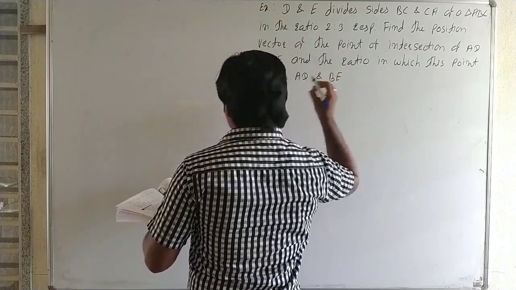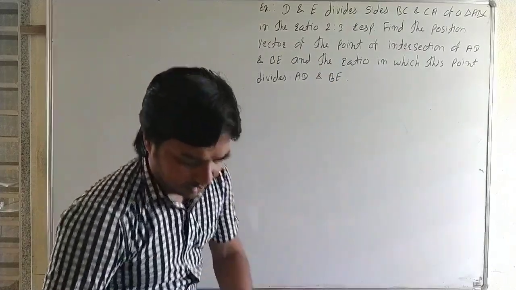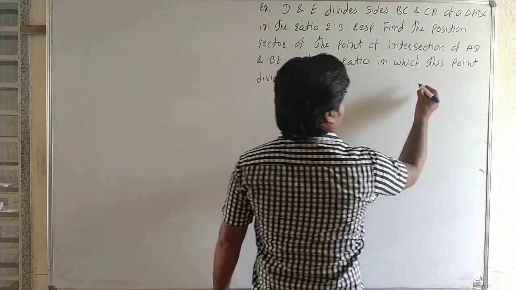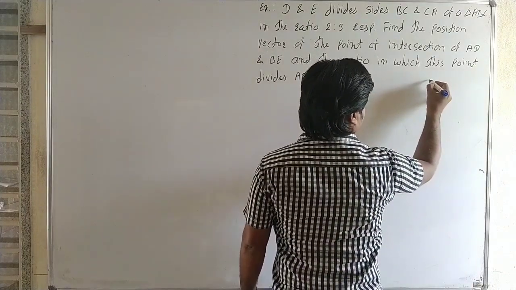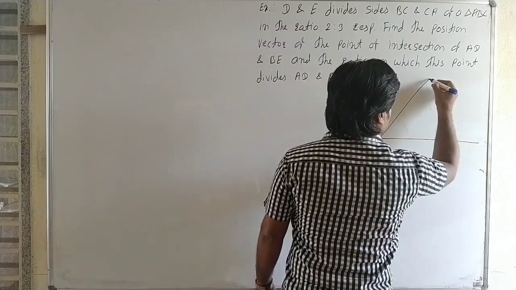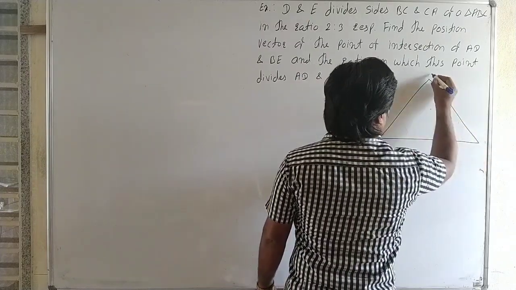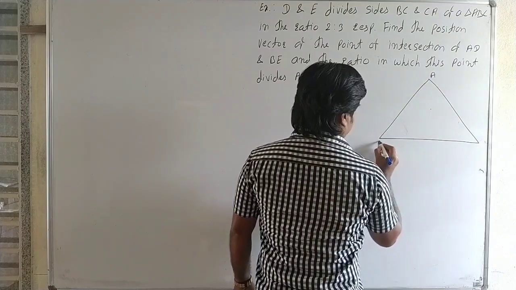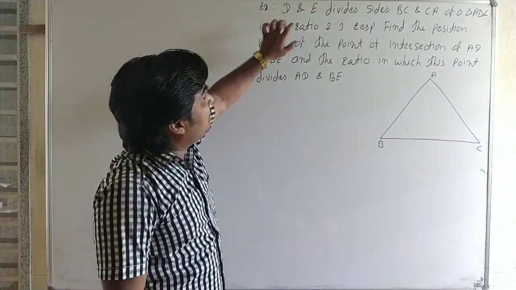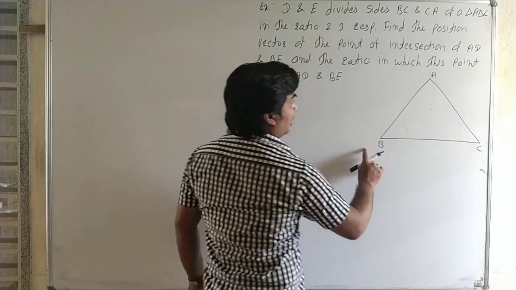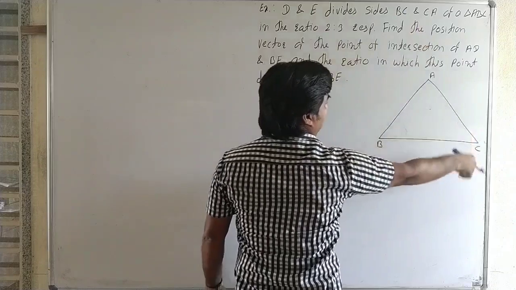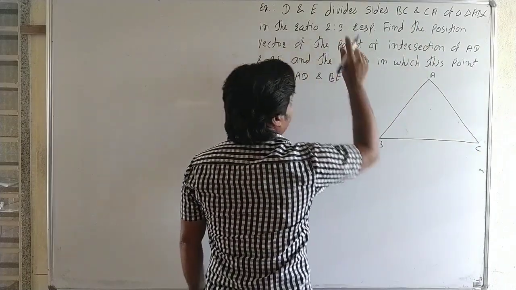Okay, here it is a triangle ABC. Point D divides BC and E divides CA in the ratio 2:3.